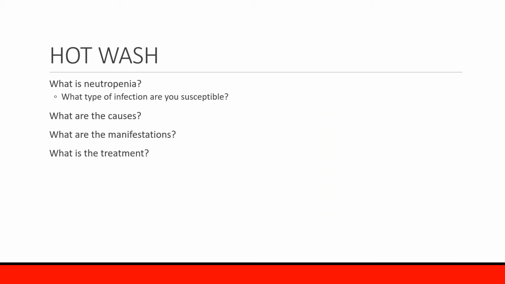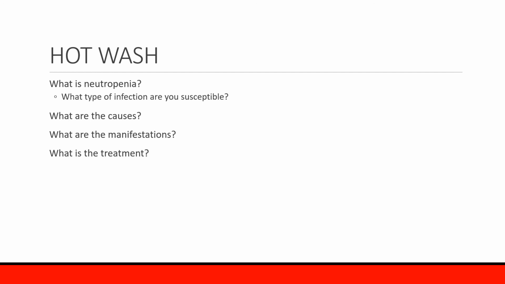So here's the hot wash for neutropenia. First of all, you need to tell me what neutropenia is. What type of infection are you more susceptible to if you develop neutropenia? One note about neutropenia: there's a discrepancy in the book, in that the normal concentrations are not per milliliter, but per microliter, as I pointed out in my lecture.